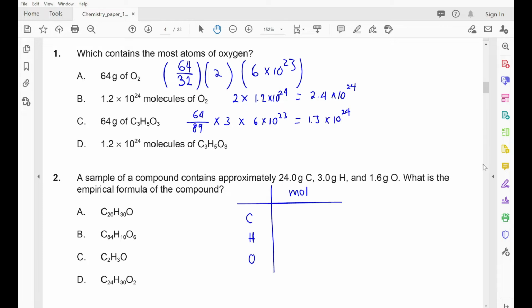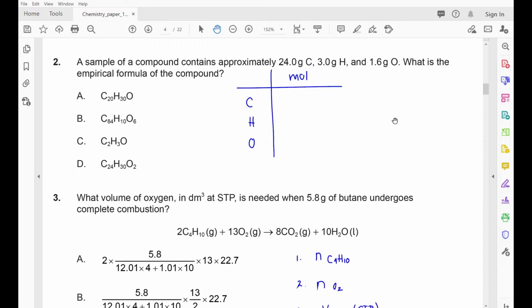The last one is 1.2 times 10 to the power of 24 molecules times 3 oxygen atoms. So the most number of oxygen atom is D.